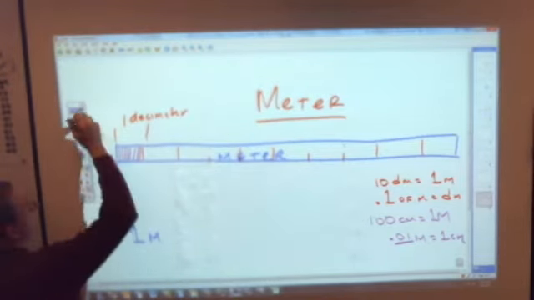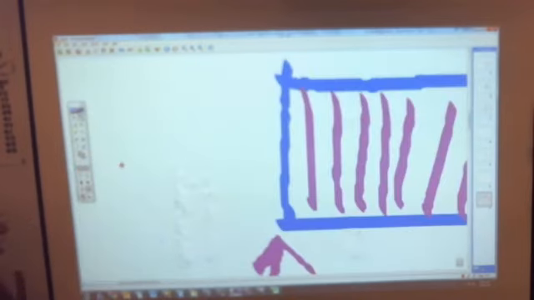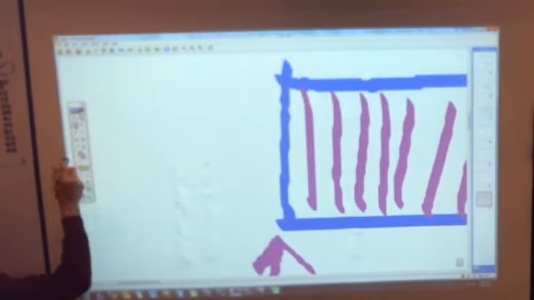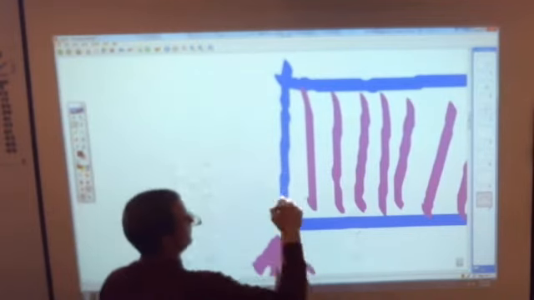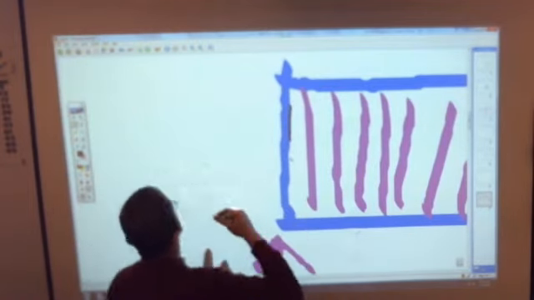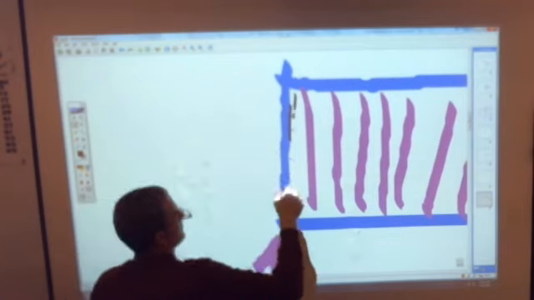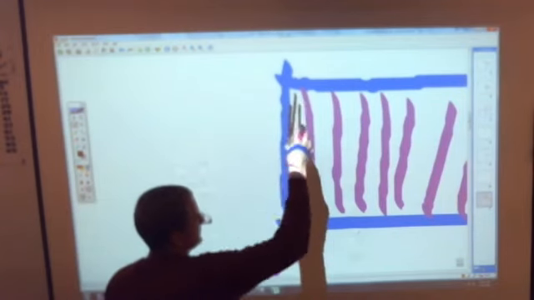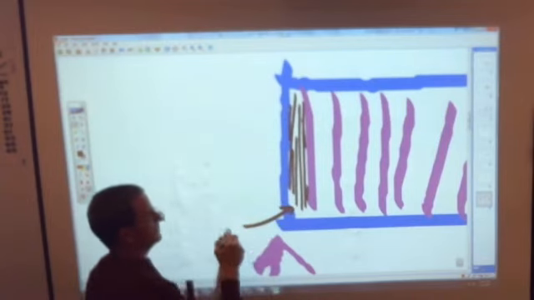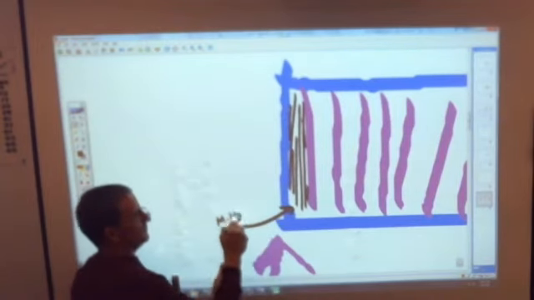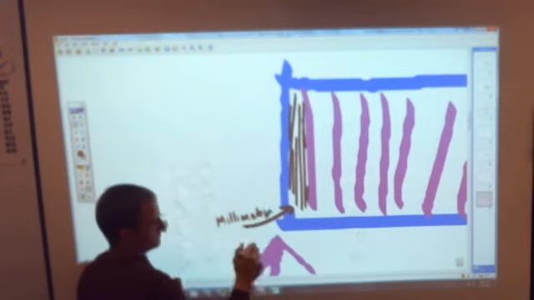Then I should probably blow this up a little bit. If you take and split every centimeter into 10 equal pieces, which I don't think I'm going to draw, 2, 3, 4, 5, 6, 7, 8, or whatever it is, each one of those is a millimeter. Got it.